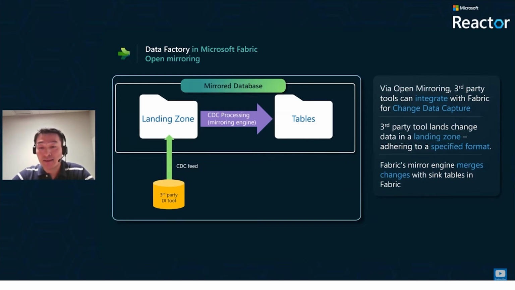This process is essentially the same as the previous demo, or our earlier database mirroring scenario. However, by separating the integration in this way, it becomes much easier for third-party tools and custom applications to work with our system.